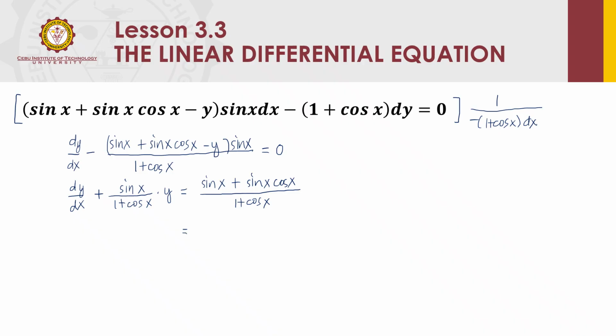It can be simplified further by factoring out sine of x, leaving 1 plus cosine of x. We can divide the numerator by the common factor 1 plus cosine x, resulting in sine of x on the right side of the equation.